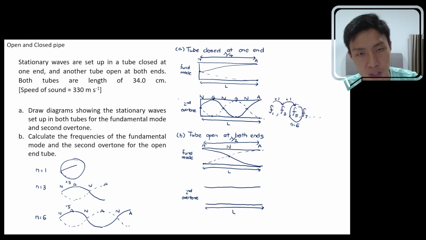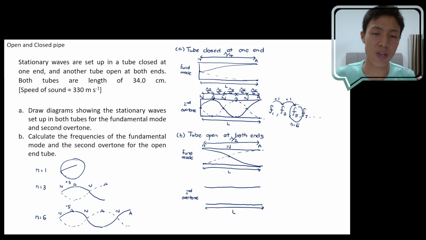We should also label the distance between N and A. It's lambda over 4, so this is lambda_5 over 4, and so on for each section, and lastly lambda_5 over 4. Usually I'll label it just to show how many times the fundamental pattern repeats. In this case it repeats 5 times.